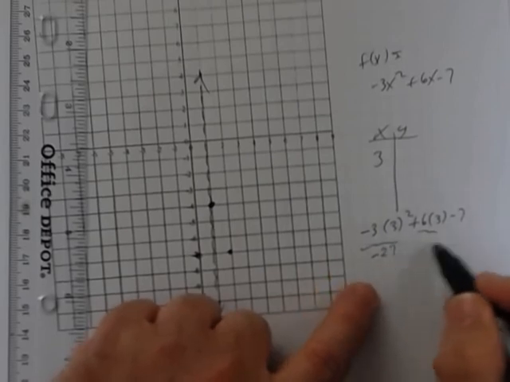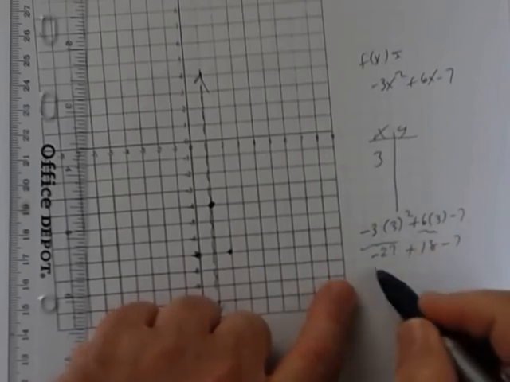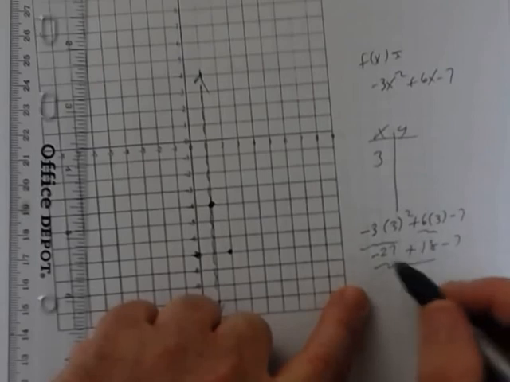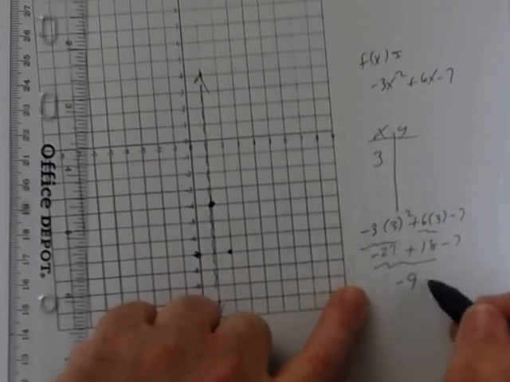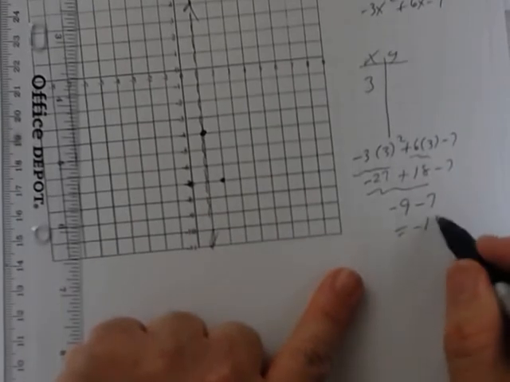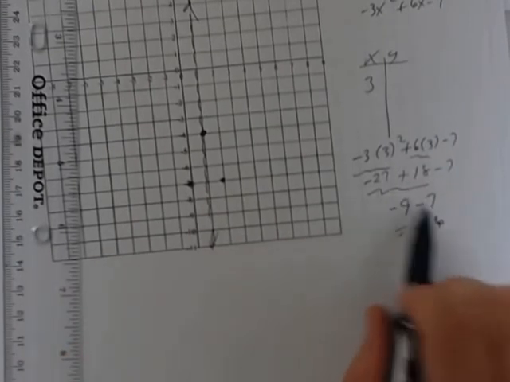Okay. 6 times 3 is? Minus 7. So it's -27 plus 18. Negative what? No, -9. And what's -9 and a -7? Okay. Is that correct? All right.